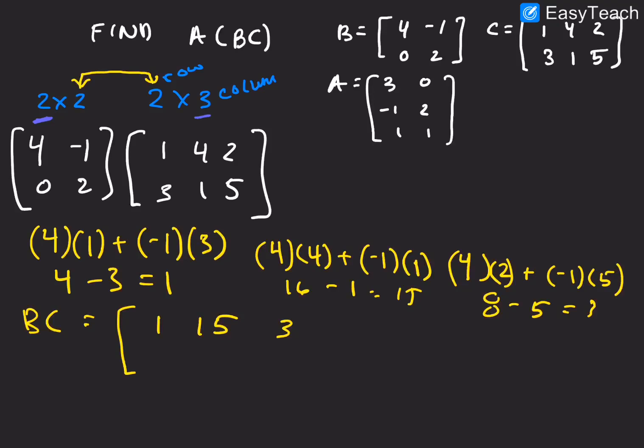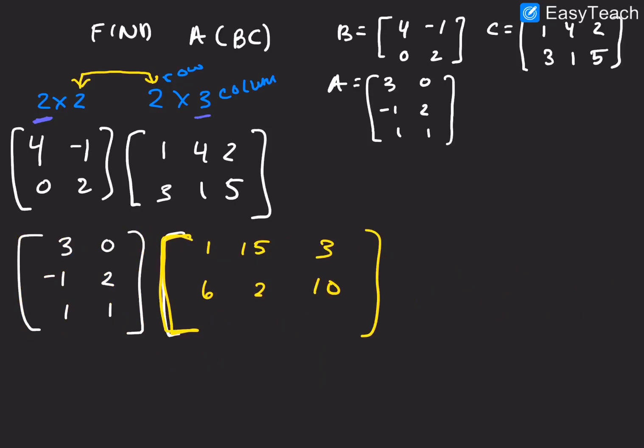And if I do the same with the other row, and multiply with each column, I will just give it to you. It's going to be 6 to 10. So that is the product of the matrix B times matrix C.